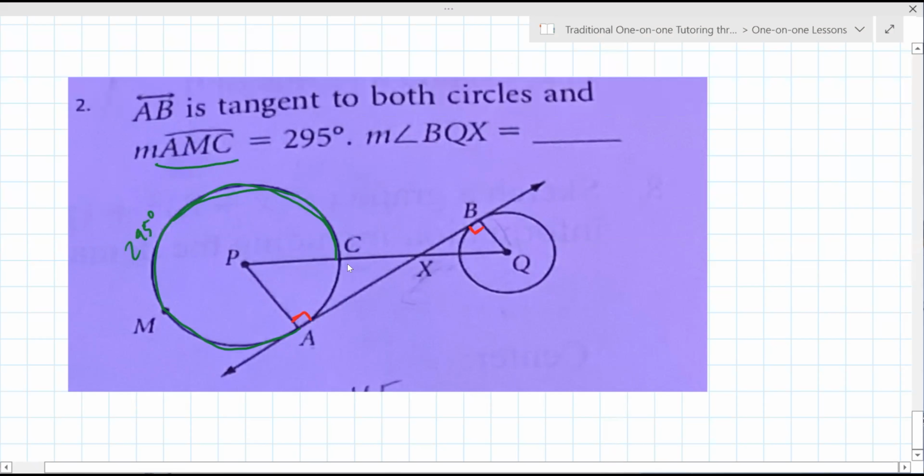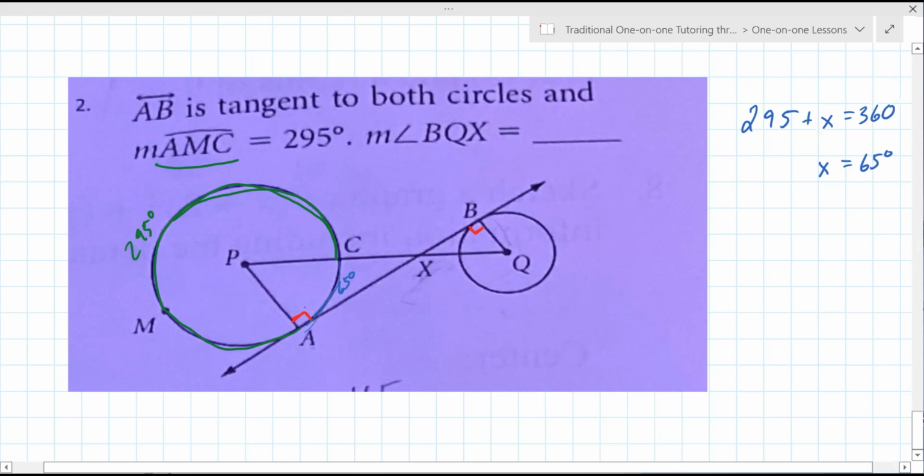That means we know that C to A is the rest, but the whole thing is 360. So 295 minus 360, I mean 360 minus 295, that's 65? Yeah. So this arc is 65 degrees.